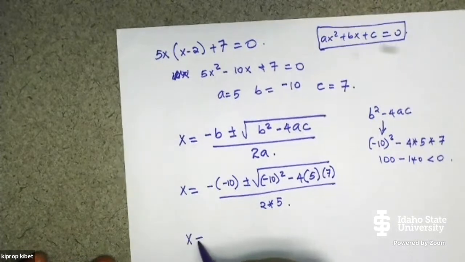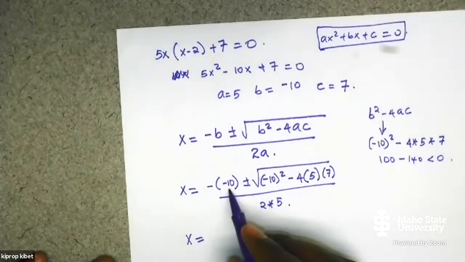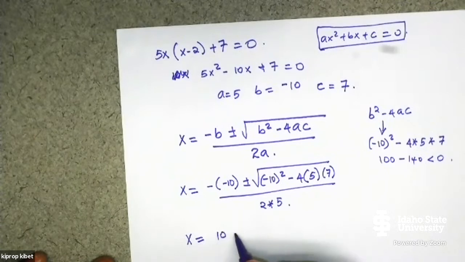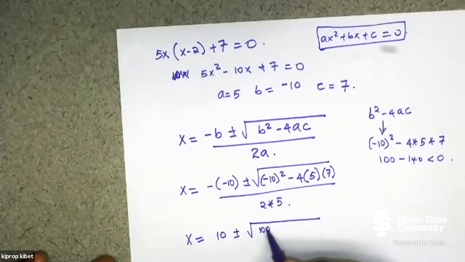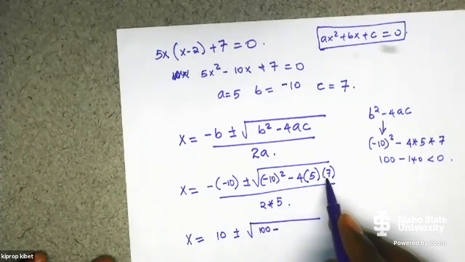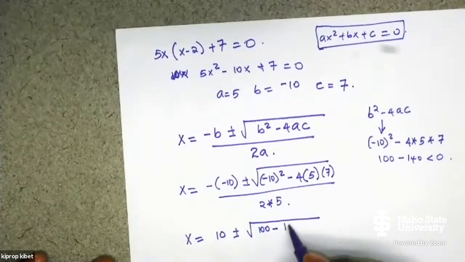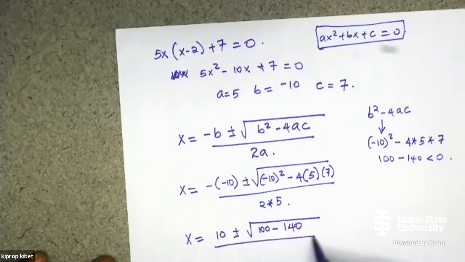So our x equals 10 plus or minus the square root of 100 minus 140, divided by 10.